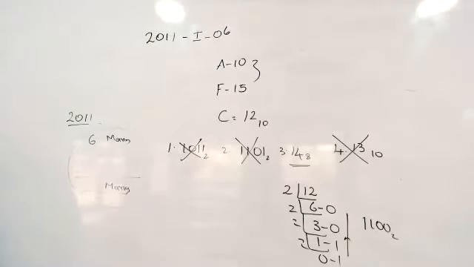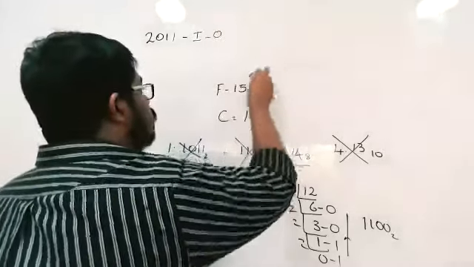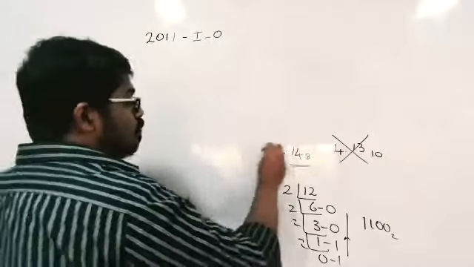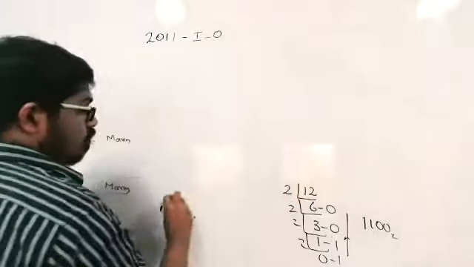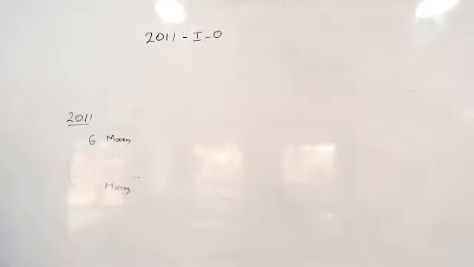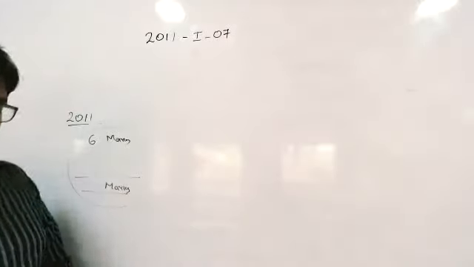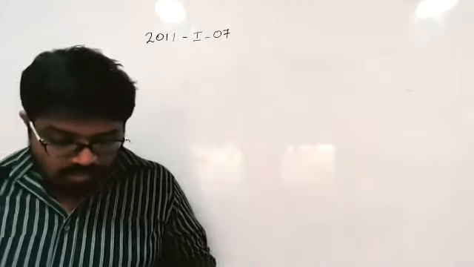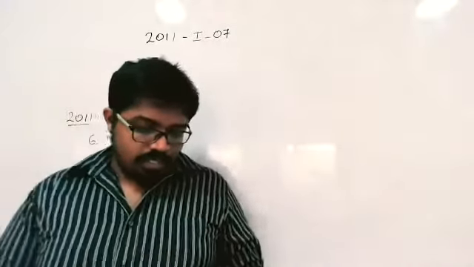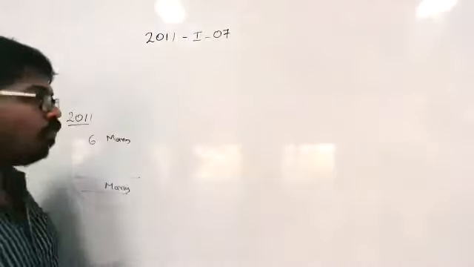Now we will consider the next question. 2011 part 1 question number 7. Two computers, A and B, are having memory capacities 1 GB and 1024 MB.